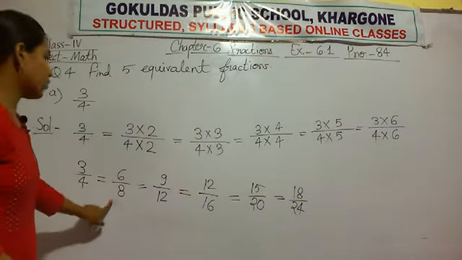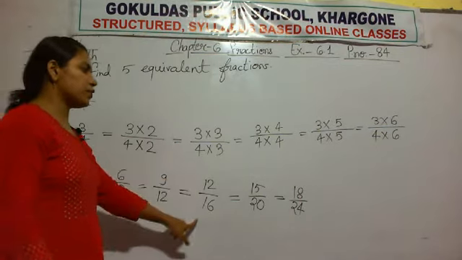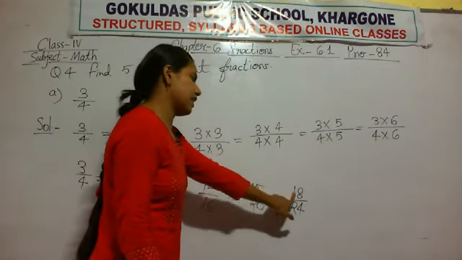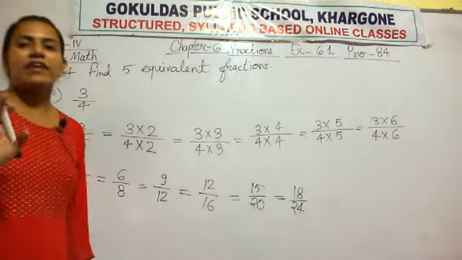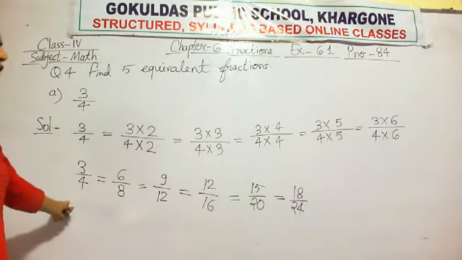So 6 upon 8, 9 upon 12, 12 upon 16, 15 upon 20, 18 upon 24 are the 5 equivalent fractions of 3 upon 4.